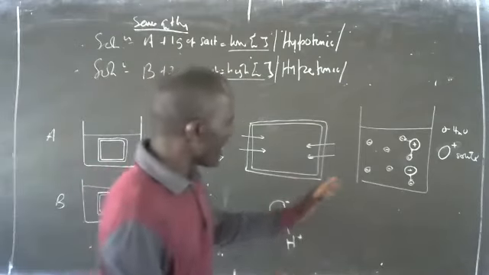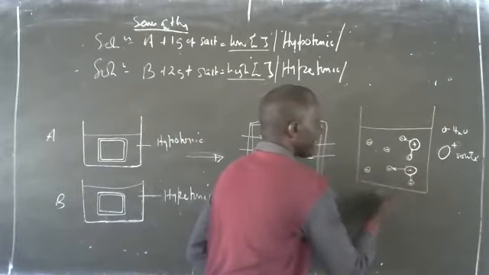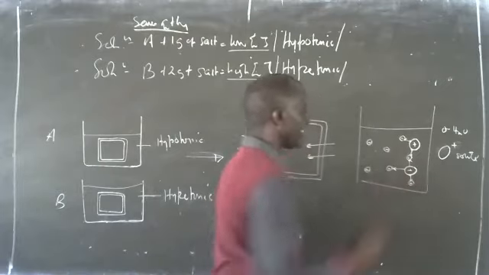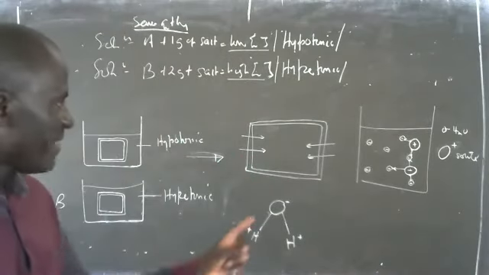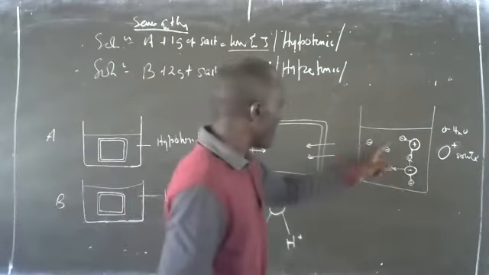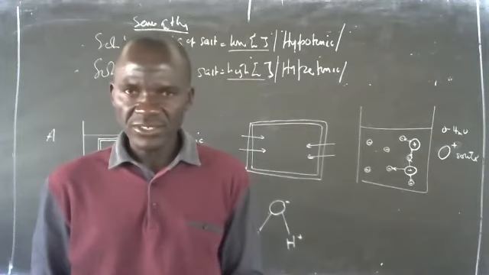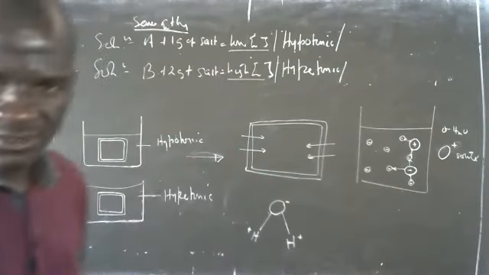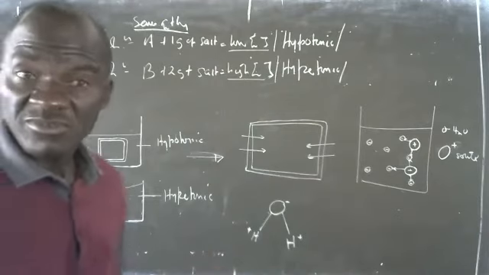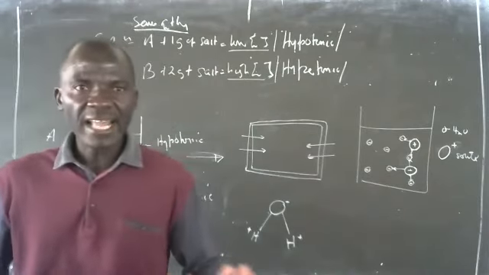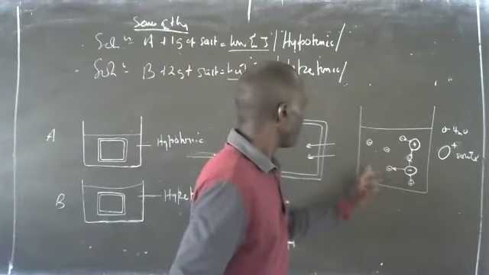But when I drop in only 2 drops of solids, that means I had 1, 2, 3, 4, 5, 6, 7. Before solute dropped in the solution, all the 7 molecules were free to move. They had a higher mobility potential.